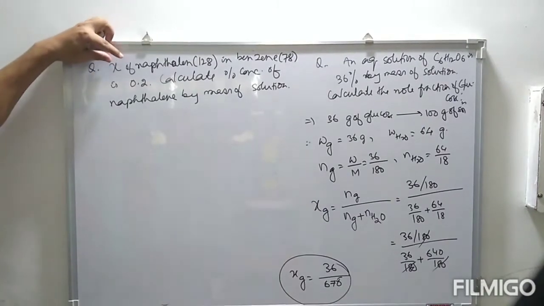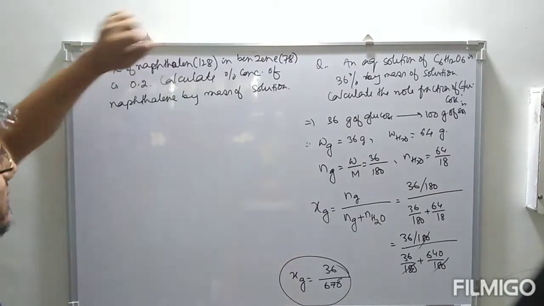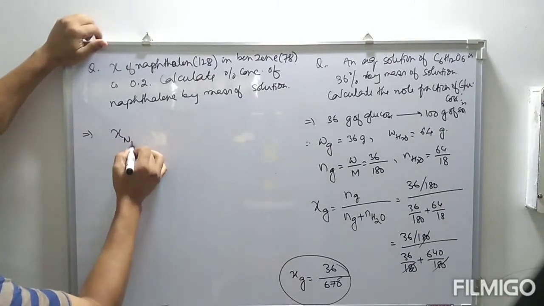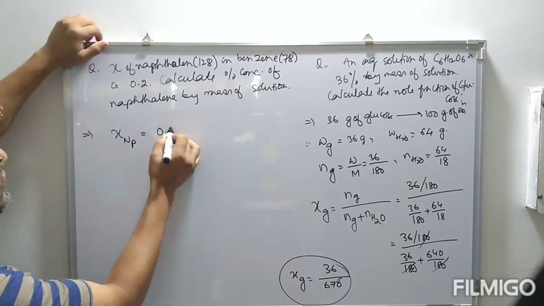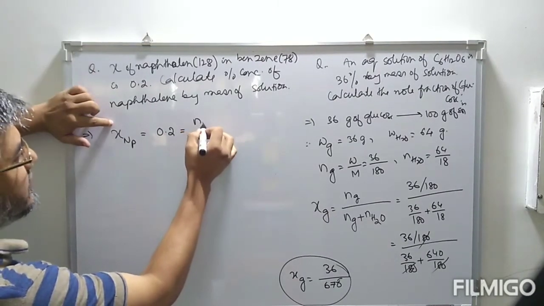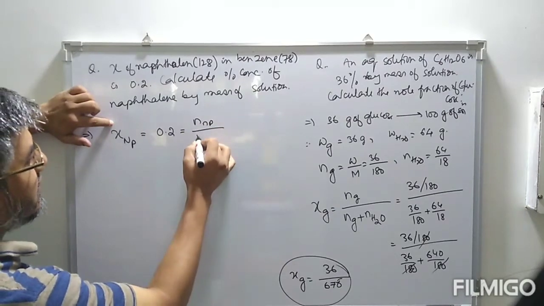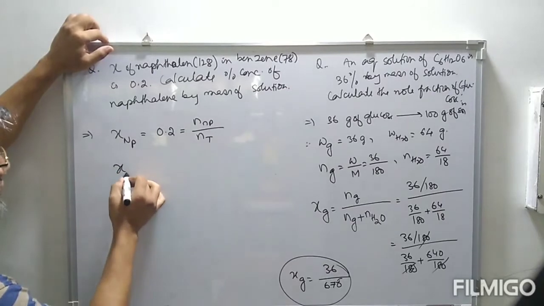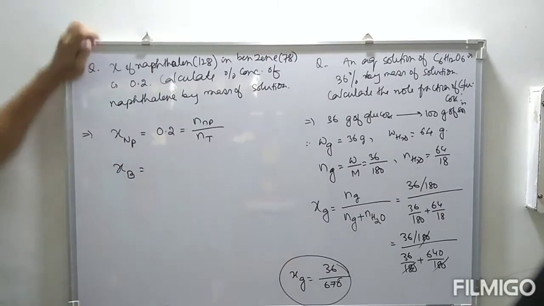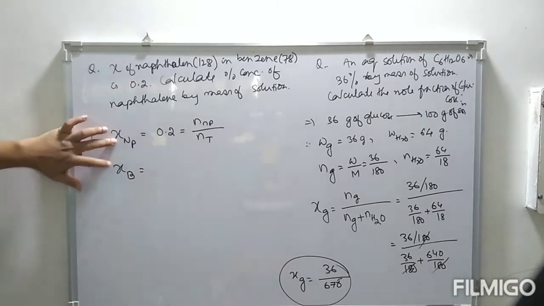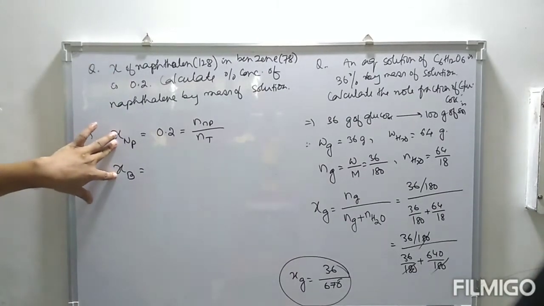So we have mole fraction of naphthalene. So therefore, look at question says mole fraction of naphthalene, that is 0.2, which is number of moles of naphthalene by total number of moles. Mole fraction of benzene, summation of mole fraction is 1. So therefore, mole fraction of naphthalene plus mole fraction of benzene should be equals to 1.